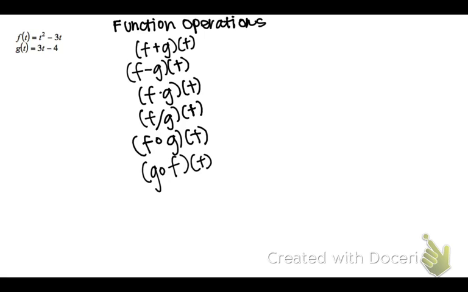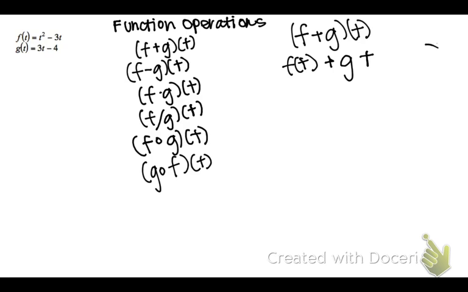Okay, so let's start with the f plus g of t. Well, we can just rewrite this as f of t plus g of t. I don't know why this is struggling to write. So f of t is t squared minus 3t.